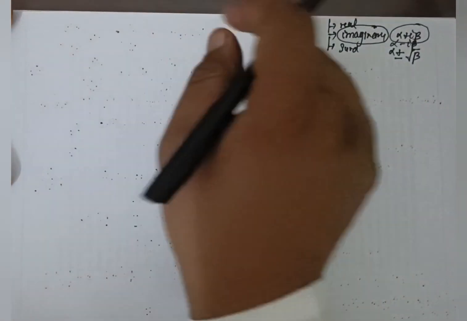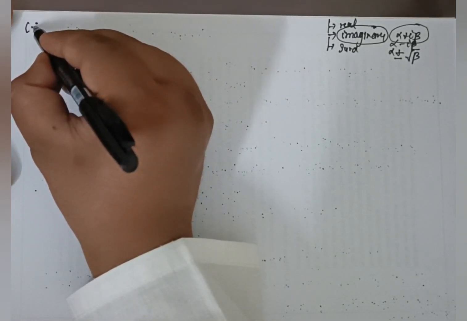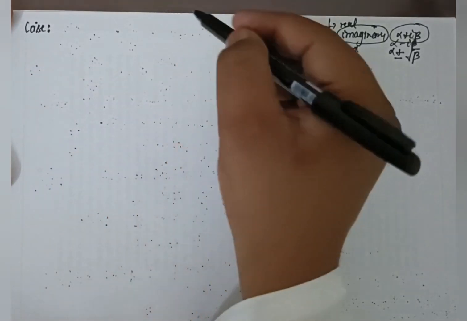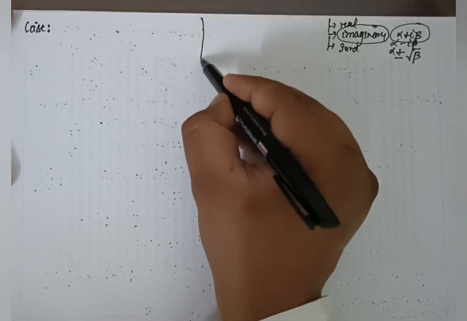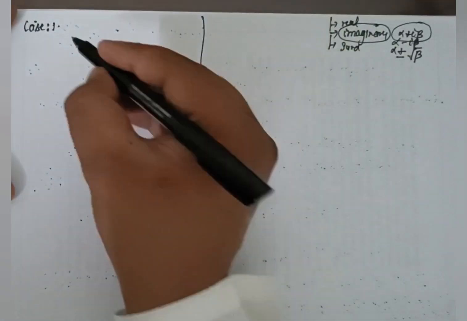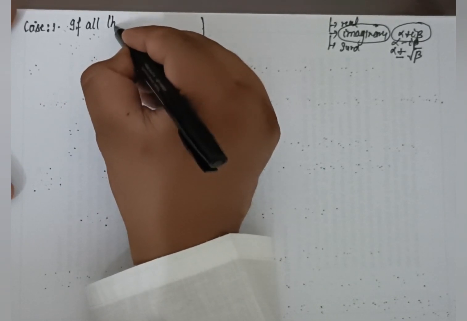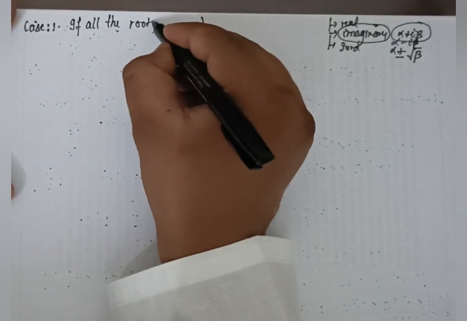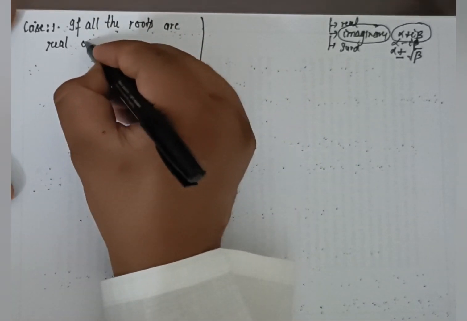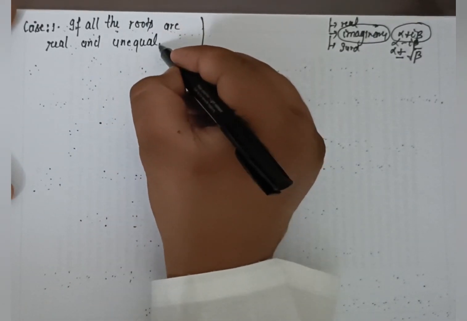Now, for these natures of the roots, we have different complementary functions. So what about case 1? I would love to study this in the form of a table. Case number first, if all the roots are real and unequal. What does it mean?